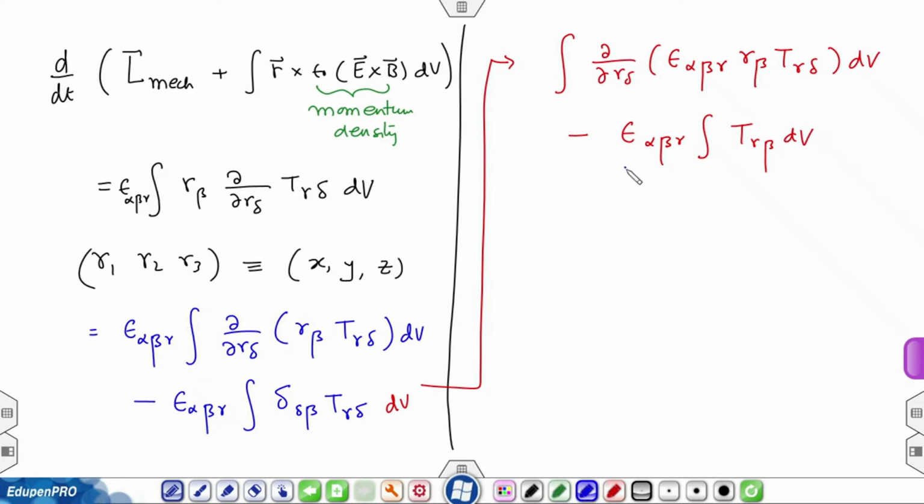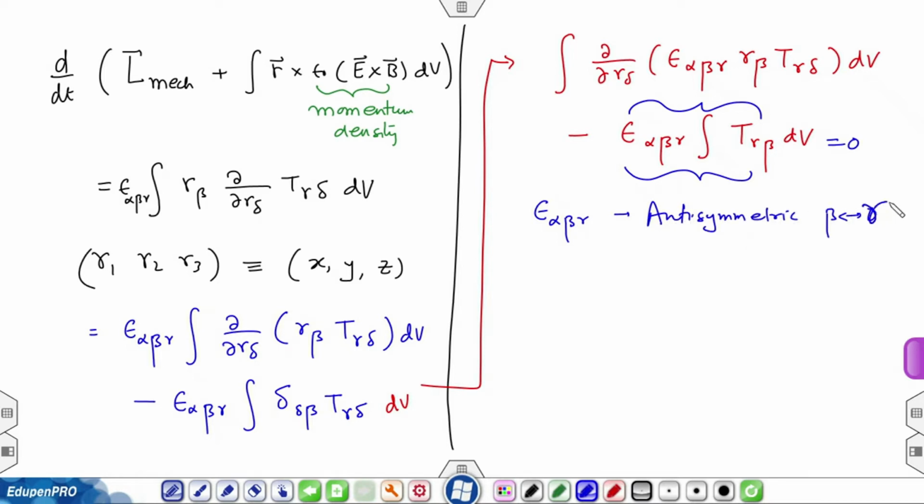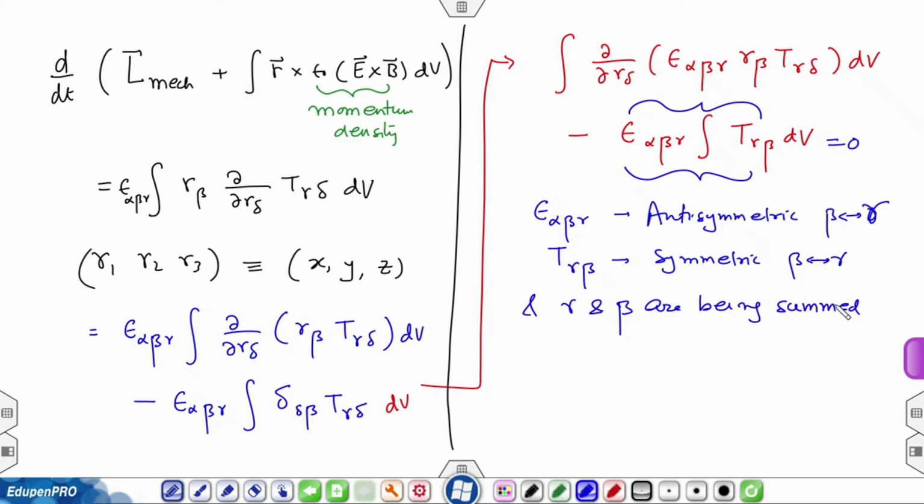Now, I claim that this term is equal to 0, because epsilon alpha beta gamma is antisymmetric with respect to beta and gamma exchange, and T gamma beta is symmetric with respect to beta gamma exchange, and gamma and beta are being summed over.